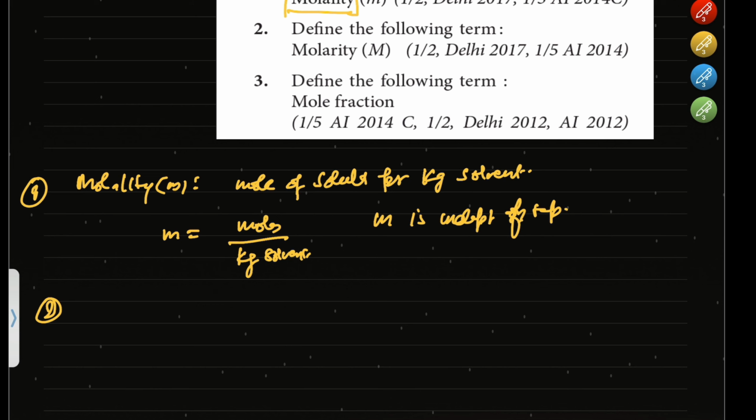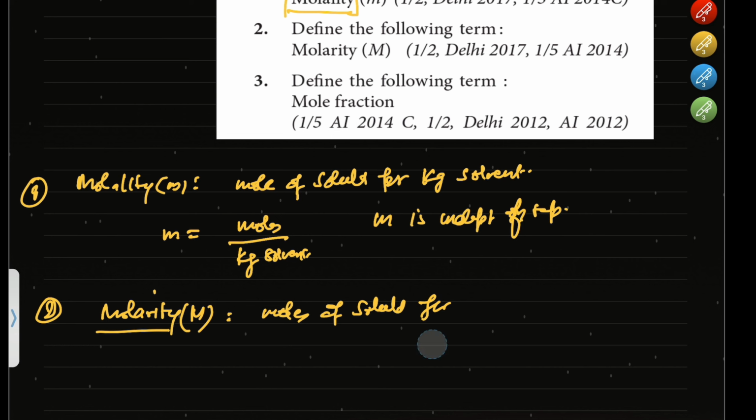Second question, define the molarity. Molarity is represented by capital M: moles of solute per liter of solution.